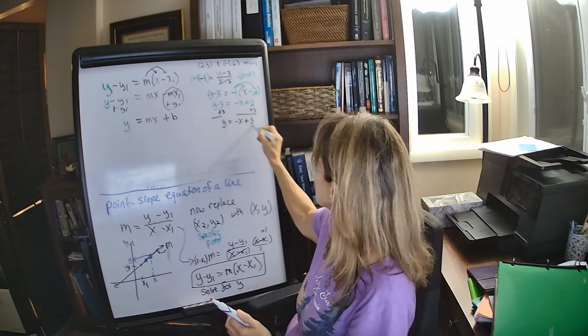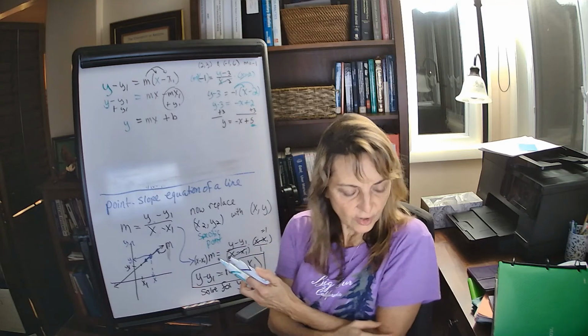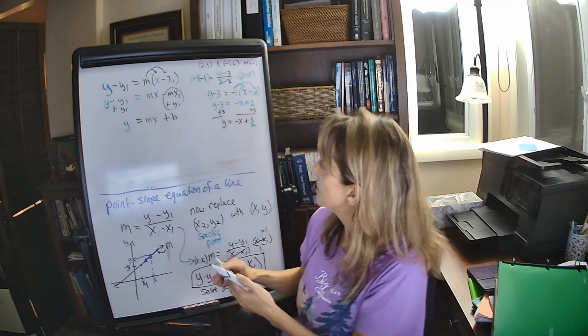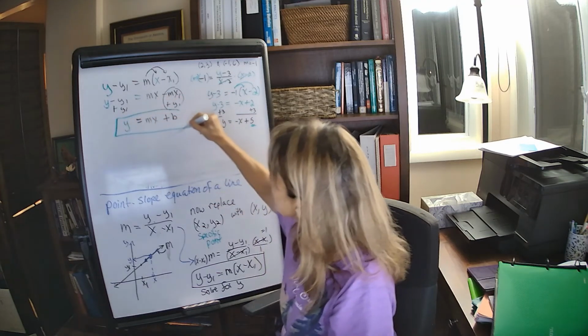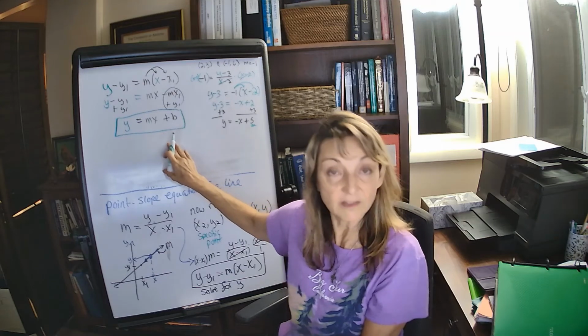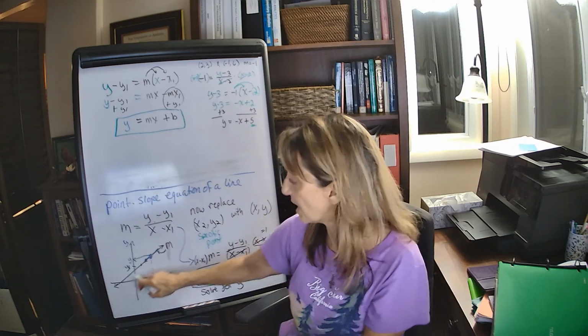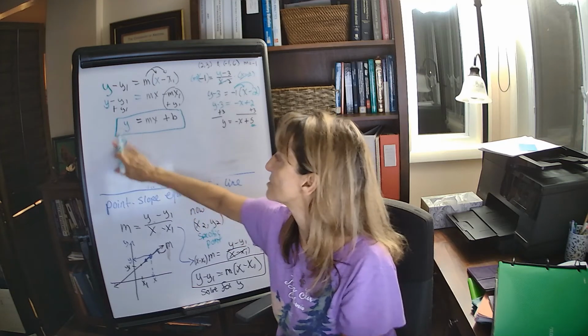Over here, it turned out to be 5. So here we see how we made that connection, because now, using our slope, we have that y equals mx plus b. We know that that identifies the equation of a line, and this is the slope-intercept equation of a line.